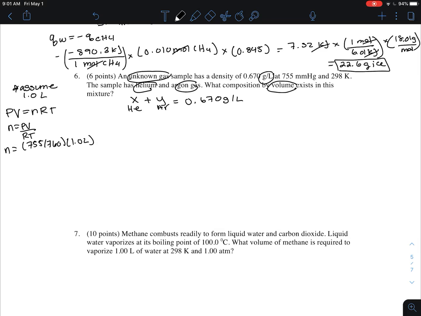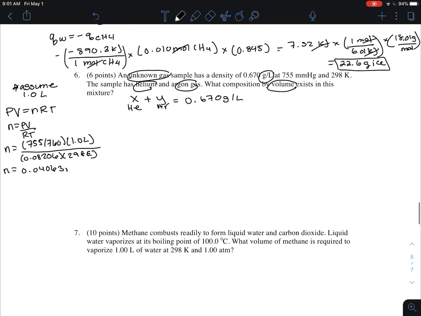Well, I know that I have my pressure converted to atmospheres times 1 liter. Now again, I'm assuming 1 liter of solution because I know that it's a mixture, just like when we assume 100 grams of the sample or 1 mole fraction, or 1 atmosphere pressure. We say 1 liter of solution since it's a mixture of multiple components. And that's divided by my R constant times my temperature. And then I get that my moles is 0.04063 moles total.